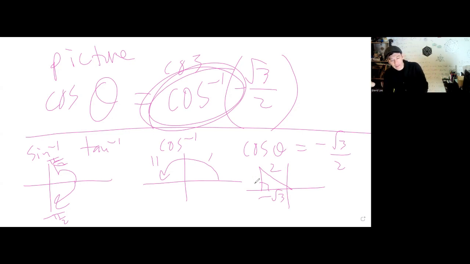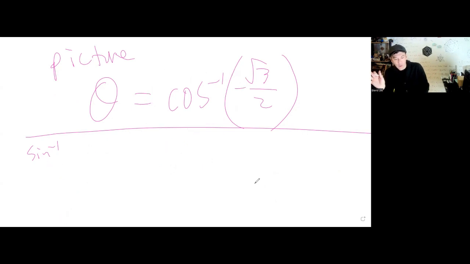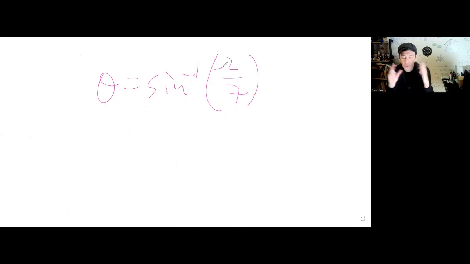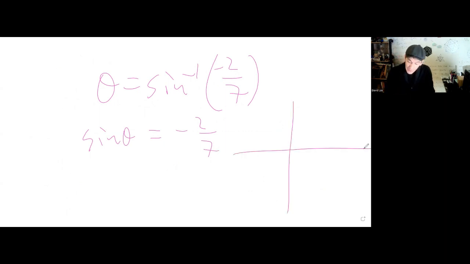So another quick example, just to make sure you're with me. What if you see something like theta equals sine inverse of 2 over 7? Let's make this negative 2 over 7. Where do I go? What quadrant am I in? Maybe first take the sine of both sides. So you know that sine is negative 2/7. If sine is negative, you're either going to be in quadrant 3 or quadrant 4.